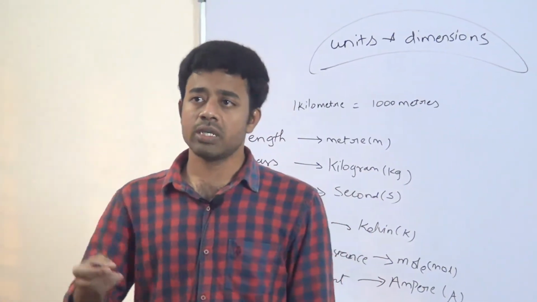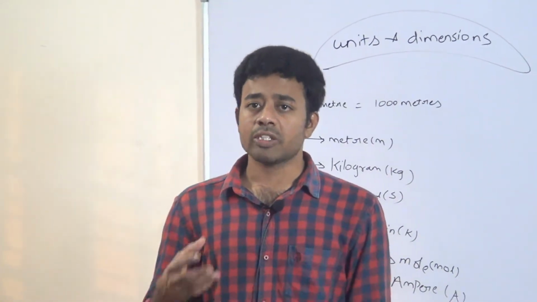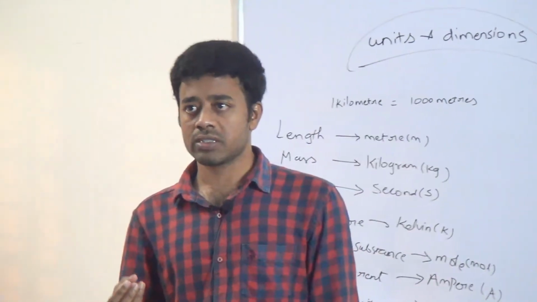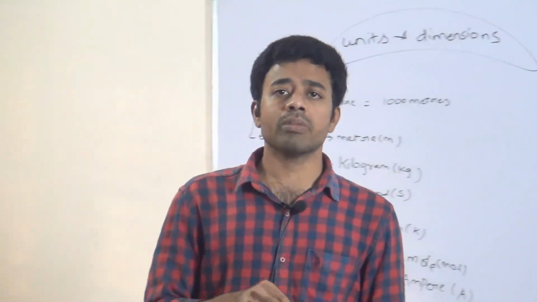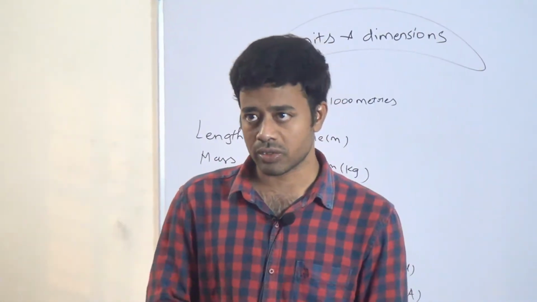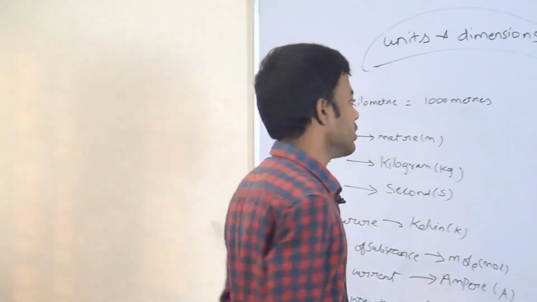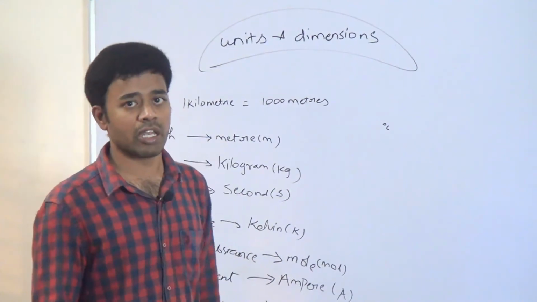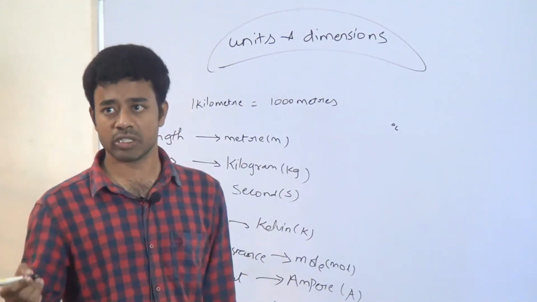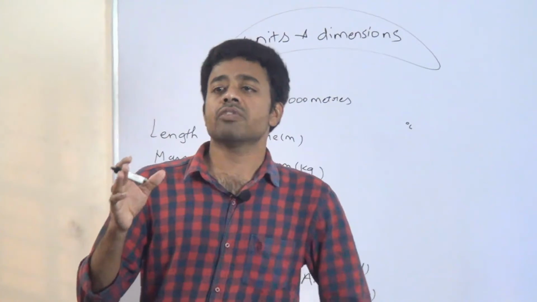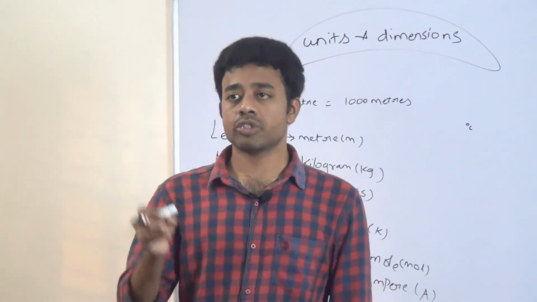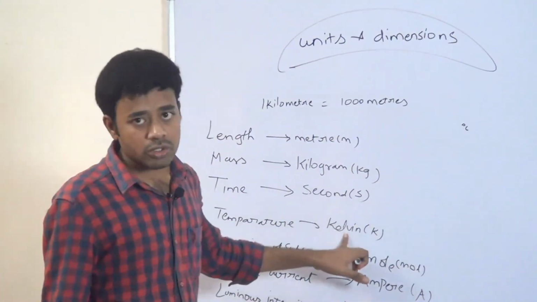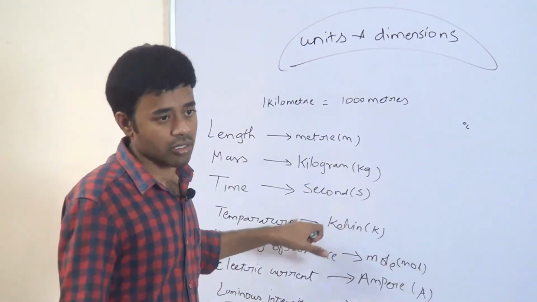Kelvin, this unit has come into existence because any physical quantity should not be indicated in terms of negative values. If you use the unit of degree centigrade, we have negative values, zero values, and positive values. So in place of degree centigrade, we have introduced a new unit for temperature called Kelvin.